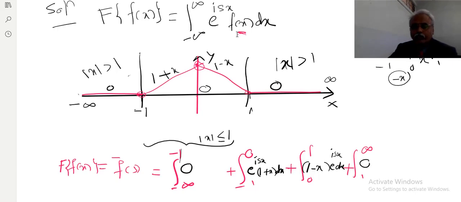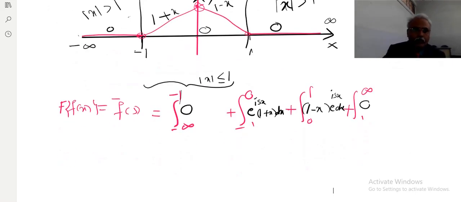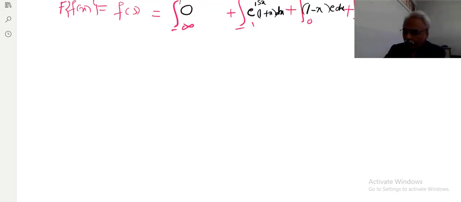Now what remains is integration. When I integrate, the first and last integrals are 0. So we use the general rule of integration by parts, and we should be a little careful.